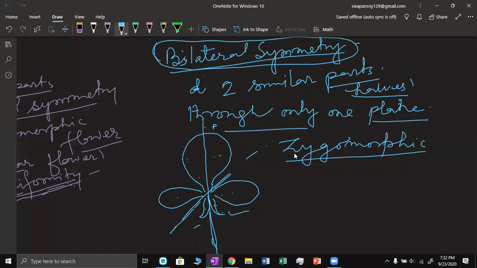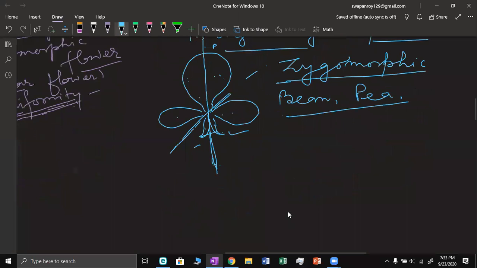This type of flower is found mainly in leguminous flowers, like beans and pea. There are some flowers of another type known as asymmetric flowers.